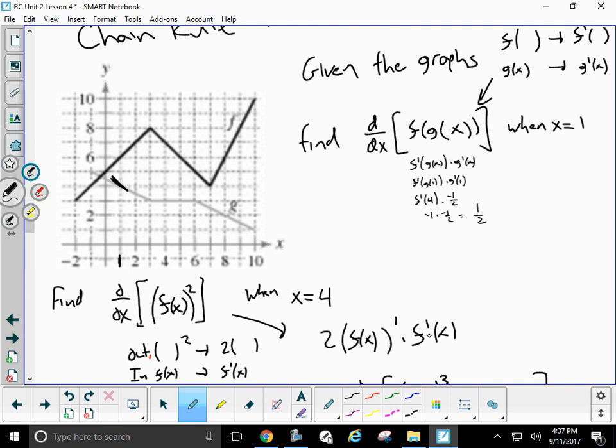Okay? We need this extra f prime. We have to have it. Now if I plug in 4, I can find 2f of 4 times f prime of 4. F of 4 is 7. So 2 times 7 times f prime of 4, which is negative 1. So the answer is negative 14.